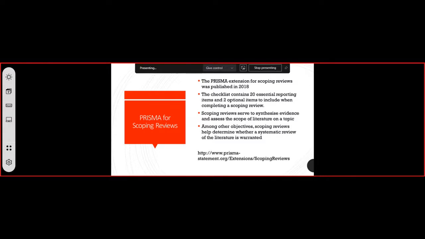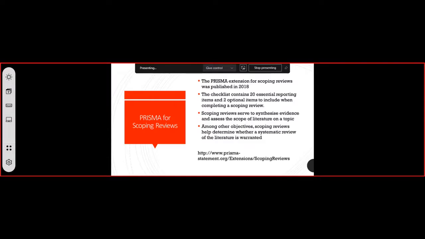And even if you're not doing a scoping or a systematic review, it's still a good idea to have a look at the PRISMA to give you an idea of how to make sure that you have all the information in your write-up that the reader might need to understand your research story.